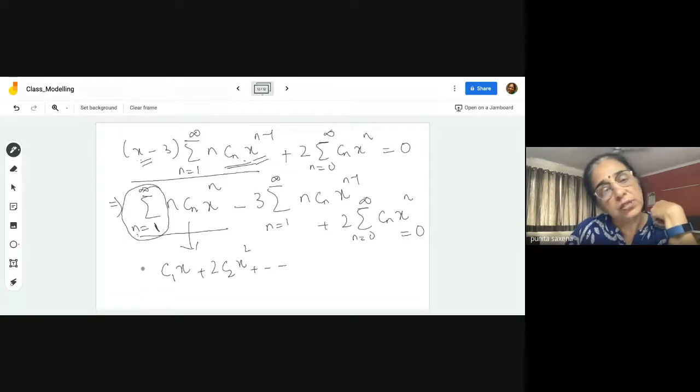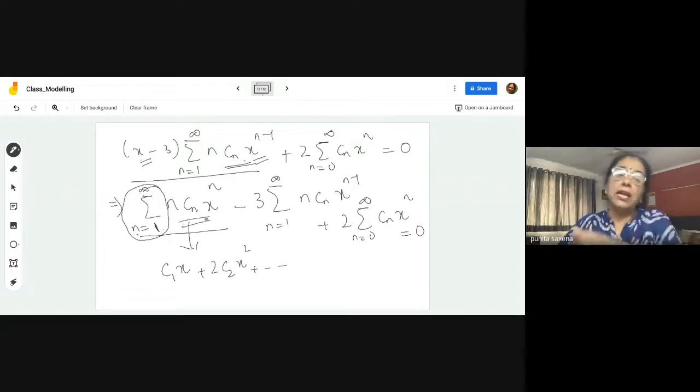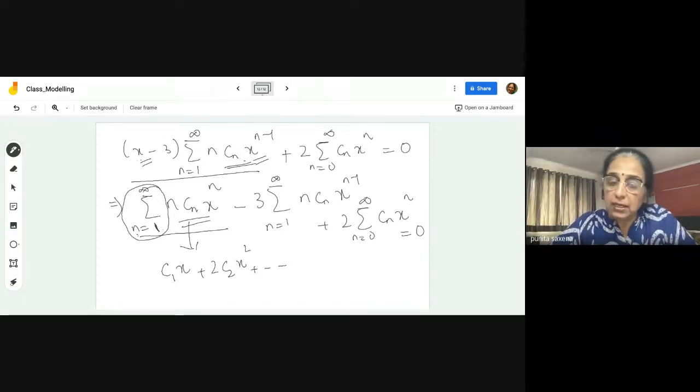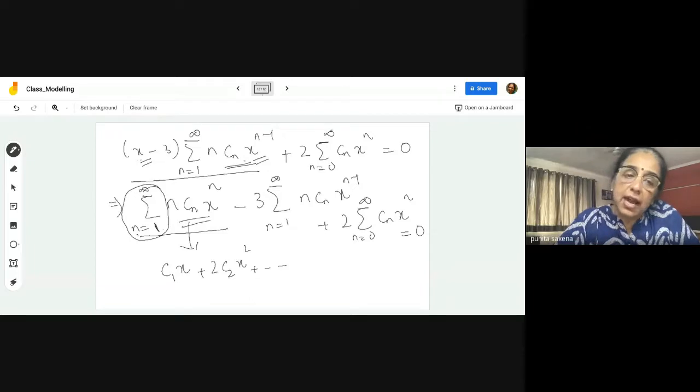What happens when you start your summation from 0 to infinity? What happens to this term, n cn x to the n, when n is 0? This term is 0, right? So whether I start my summation from n equal to 0 or from n equal to 1 to infinity, the series does not change. Are you seeing the difference now? In the earlier case, it was not the case.